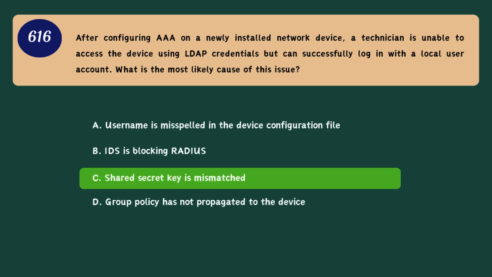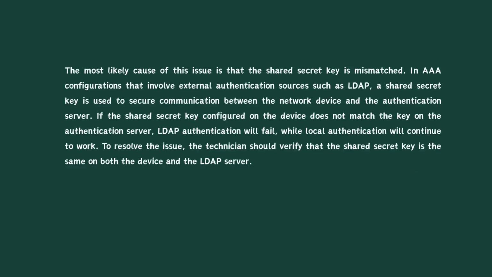Correct answer. C. Shared secret key is mismatched. The most likely cause of this issue is that the shared secret key is mismatched. In AAA configurations that involve external authentication sources such as LDAP, a shared secret key is used to secure communication between the network device and the authentication server.